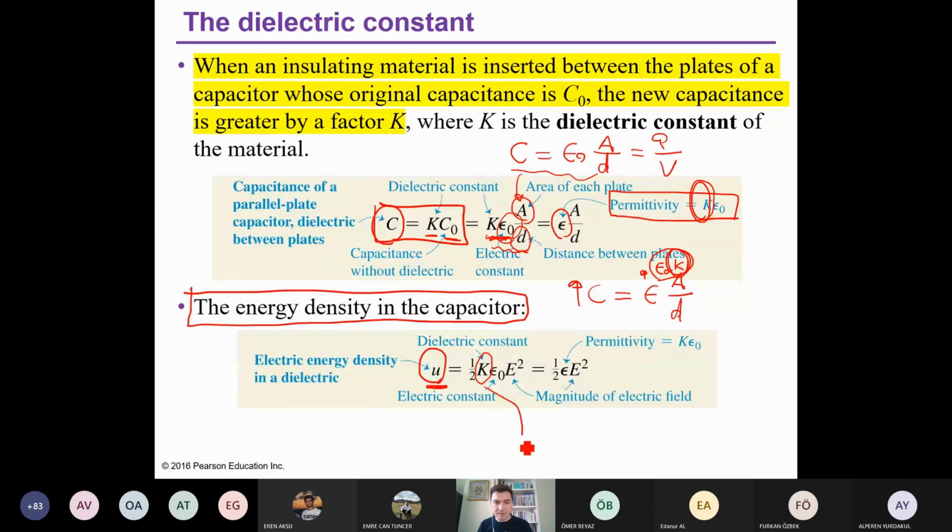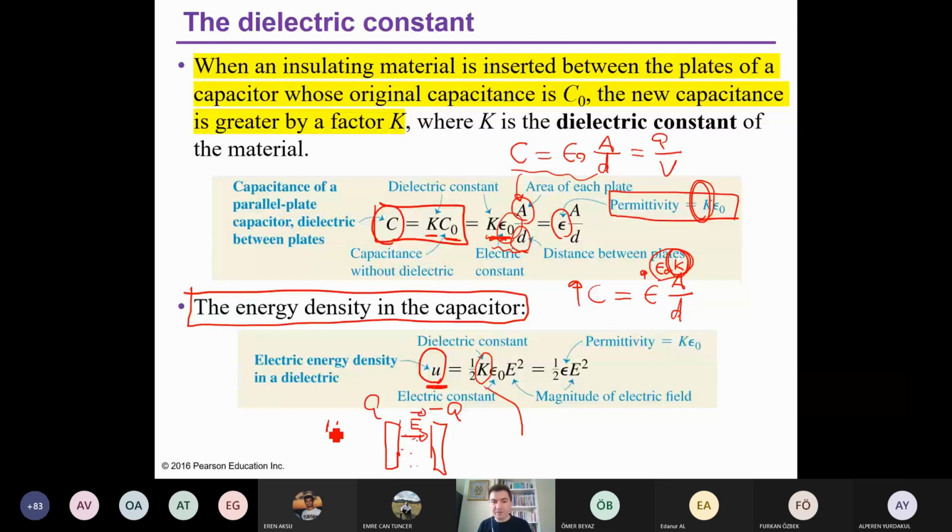Let me explain like this. Here I have Q and negative Q, and I have nothing between the plates, just vacuum. Then we have a certain electric field between the plates, and a certain energy density U, and vacuum has a K value of 1.